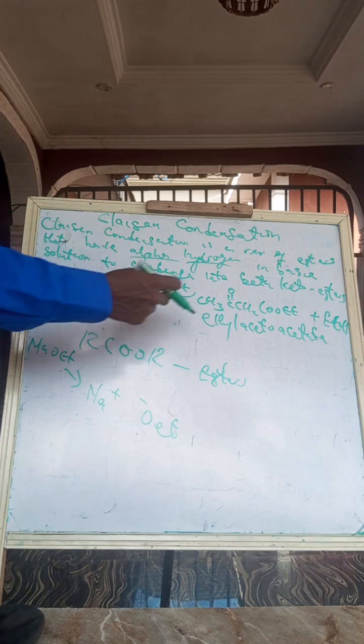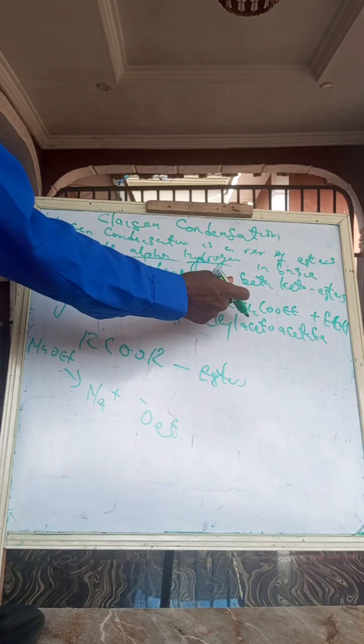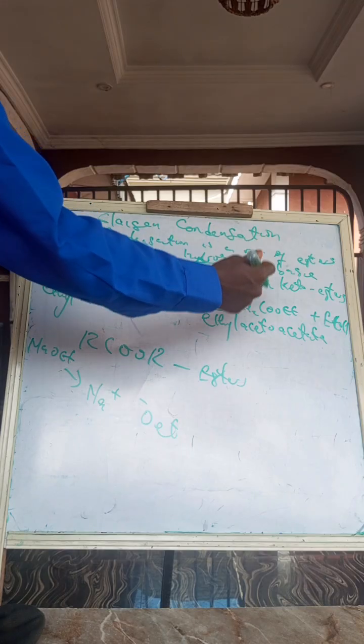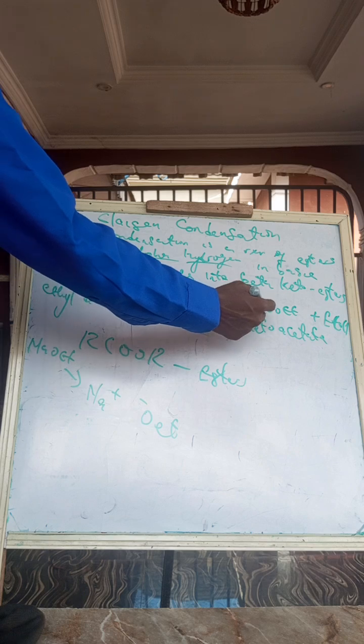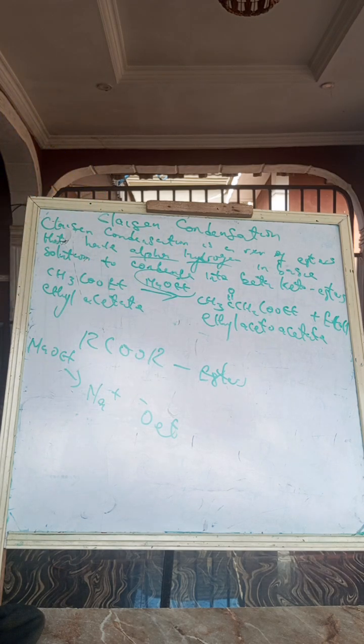You can see this is our ketone group. You can see the alpha carbon and the beta ester. You can definitely locate it, a beta keto ester.